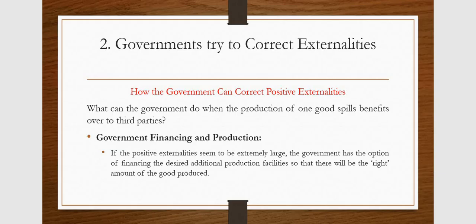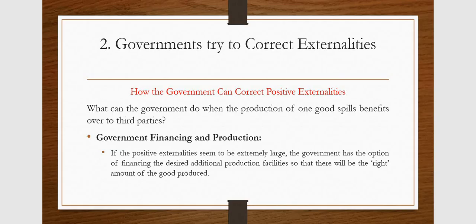We move on to the next one. How can government also correct positive externalities, right? Positive externalities are benefits to the external or third party. So what can the government do when the production of one good spills benefit over the third party?